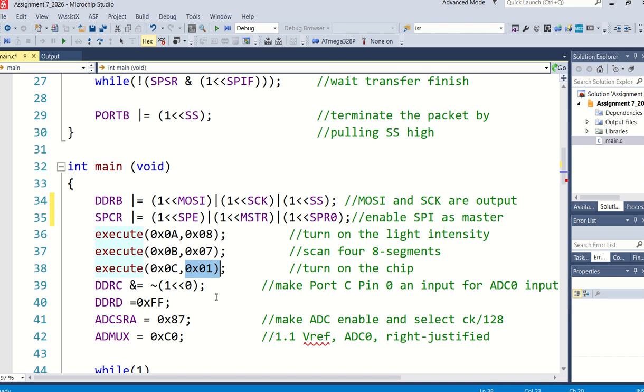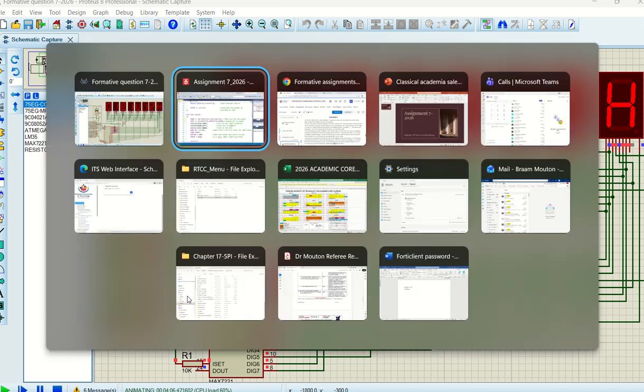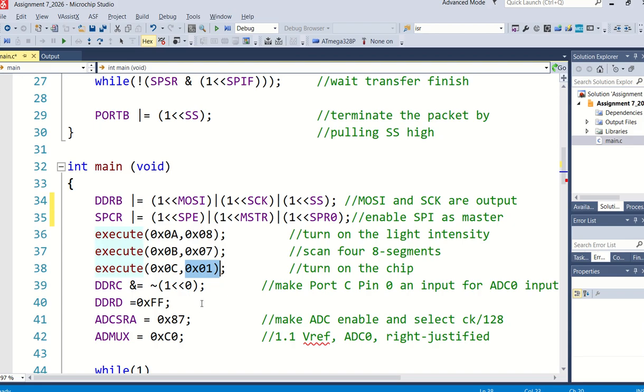Now what I've done to activate, because if I look at my circuit diagram again, the LM35 is being connected to PC0 or ADC0, so I need to make ADC0 preferably an input. Personally, I don't think it's really necessary, but if you do it, you're not doing anything wrong.